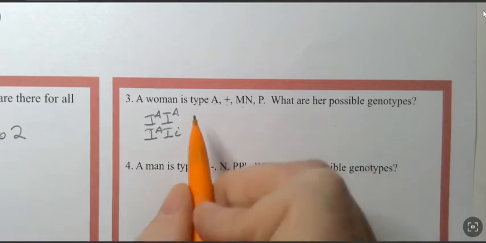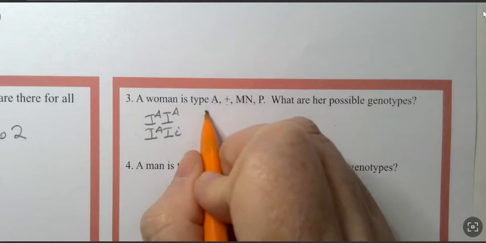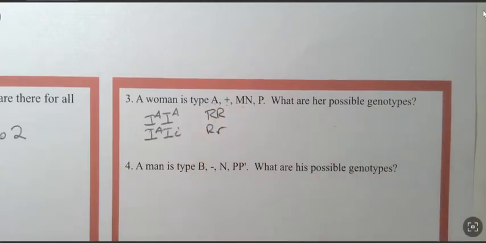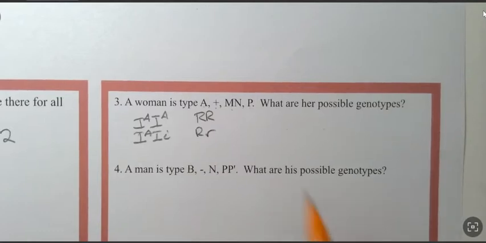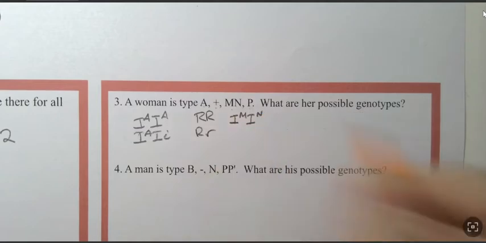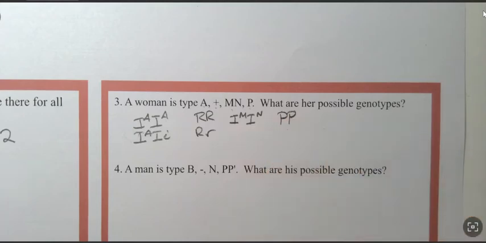All right, now to be positive, I could be this or this. To be MN, I can only be that. And to be P, I would have to have that.